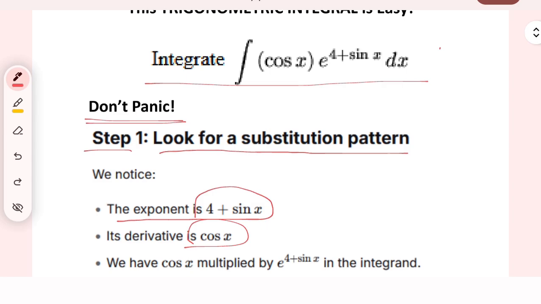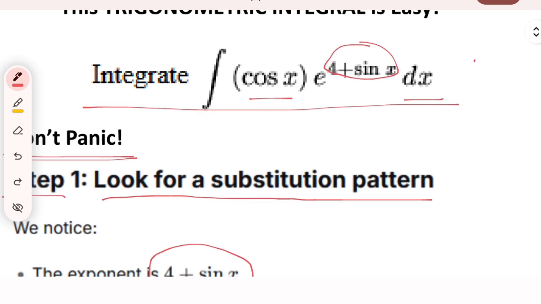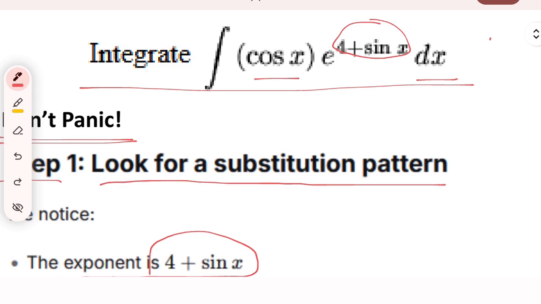So I could apply a substitution here. There is a certain pattern that you notice, and that is what you need to always do.